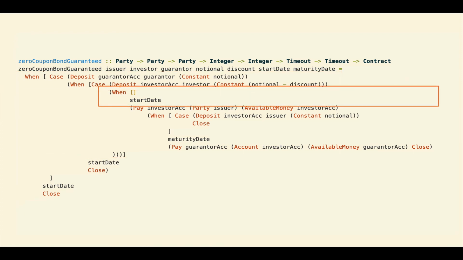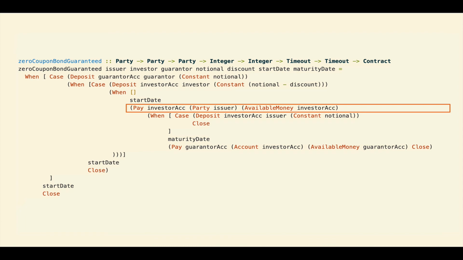What we have next is an interesting construct. It's a when with no cases. So there is nothing here to succeed. And the purpose of this is to say we wait until the timeout happens. So what this says is wait until the start date and then do what comes next. And at the start date, we have a payment from the investor account to the issuer, the available money in that account, which we know is the notional minus the discount.